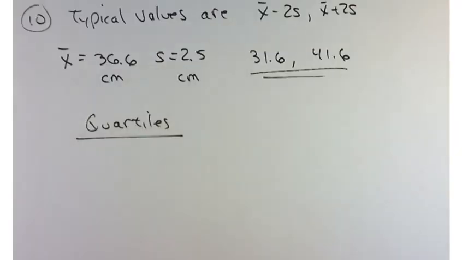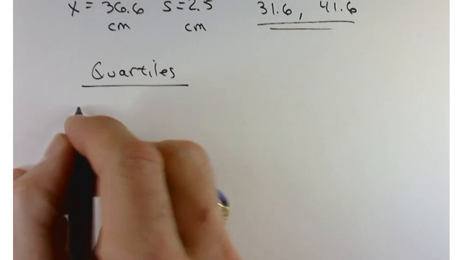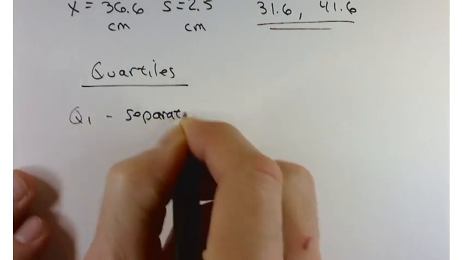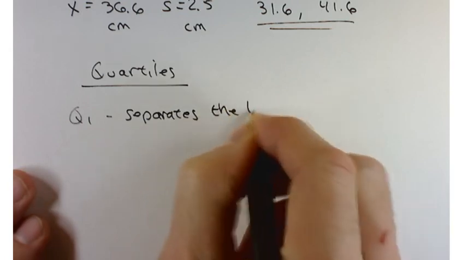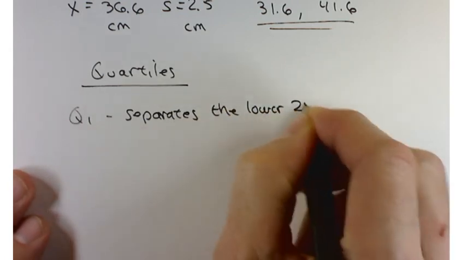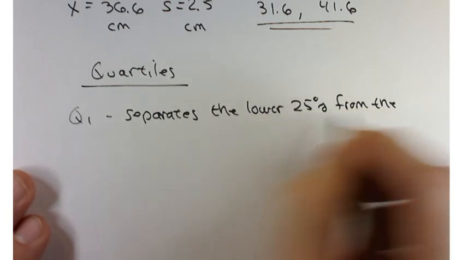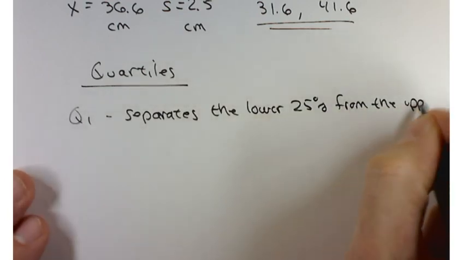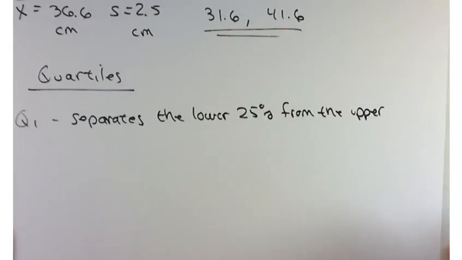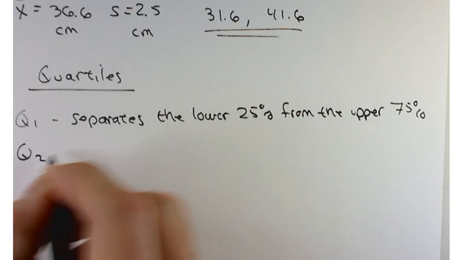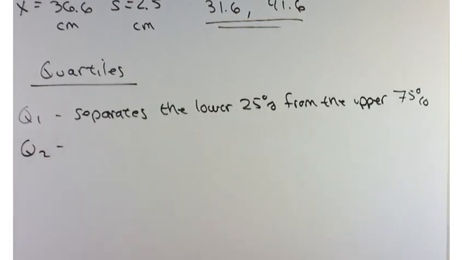So Q1 separates the lower 25% from the upper 75%. Q2 is the middle or median.